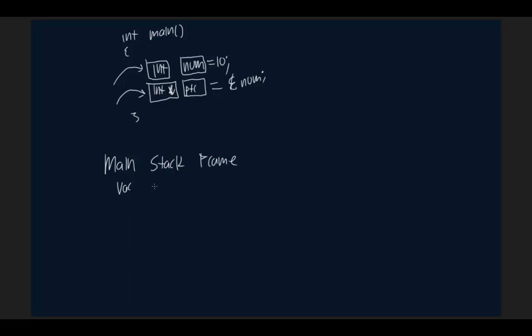And every variable has a type, a size, an address, and a value. So is everybody good so far? Our main stack frame contains local variables. And every local variable, no matter what it is, always has a name, an identifier, a type, a size, an address, and a value.